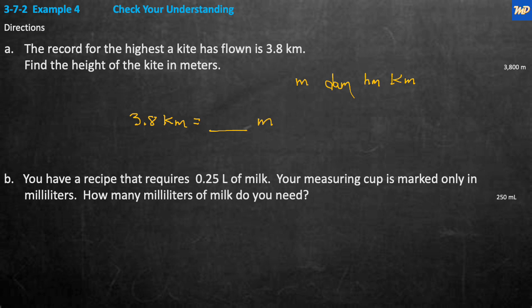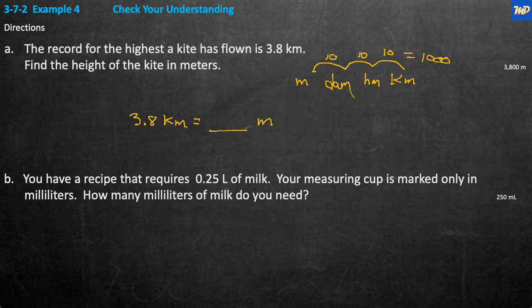I'm going to do it on top this time. 1, 2, 3 places. Each of those is times 10. And that equals 1,000. Okay? And so now we know that when we go from a larger unit to a smaller unit, comparably there are going to be many more of the smaller unit compared to the quantity of the larger unit.